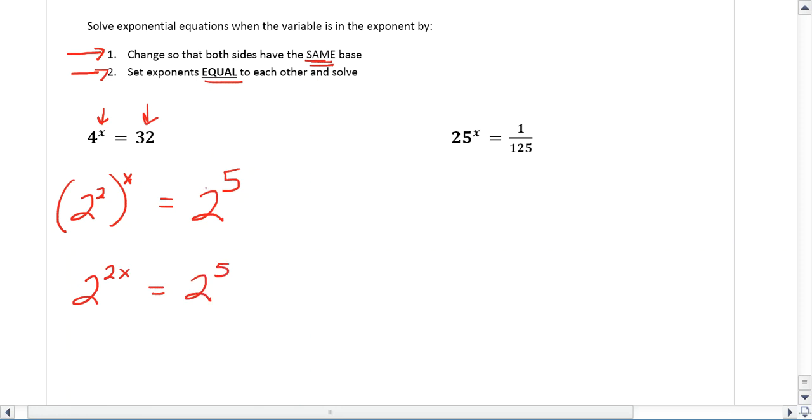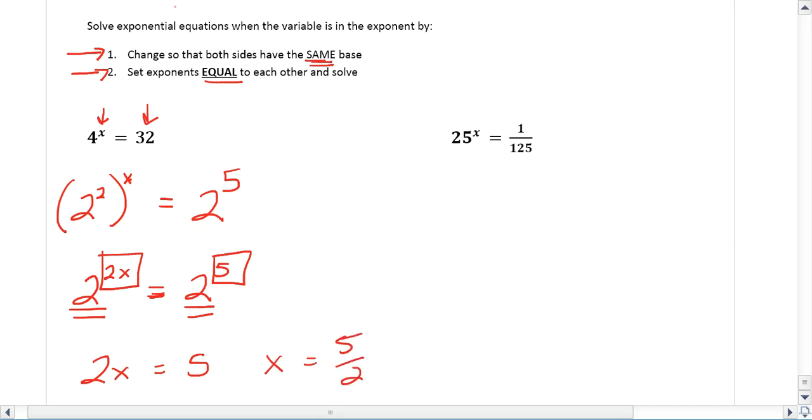Now I don't know if you caught when I said it earlier, but what I said is if the bases are equal, and these are set equal to each other, that means their exponents have to be equal. So you can take them and just pull them out of here and write a separate equation. So we can pull out the 2x and pull out the 5 and then solve this to get x is equal to 5/2.